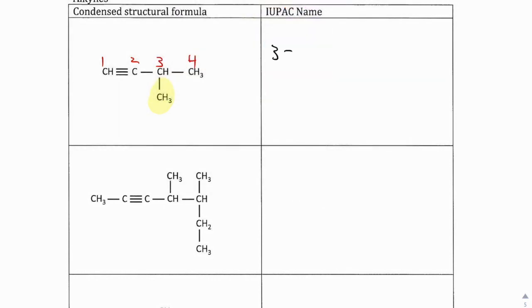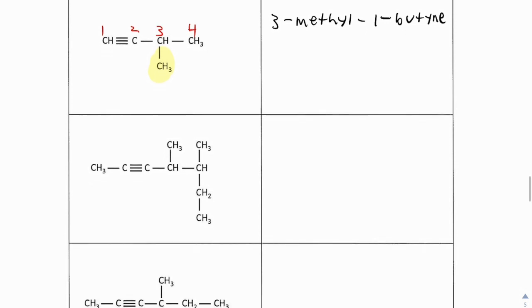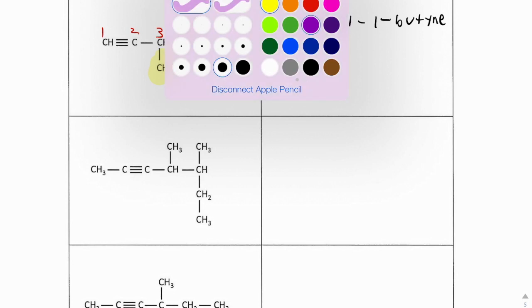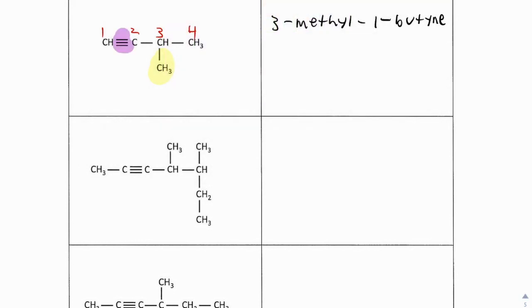The name for this would be 3-methyl 1-butyne. Right? Butyne, because there are 4 carbons. Again, you can see the triple bond took preference over the methyl group.